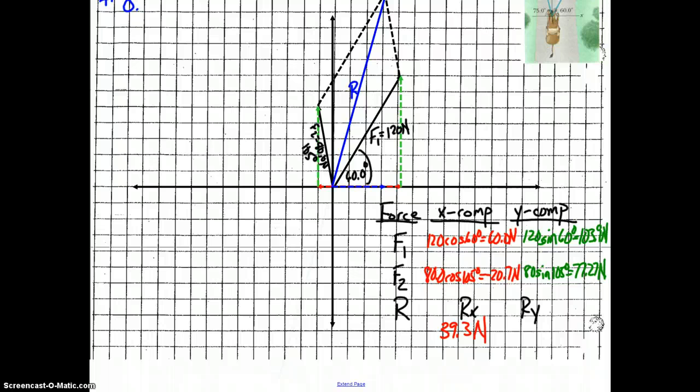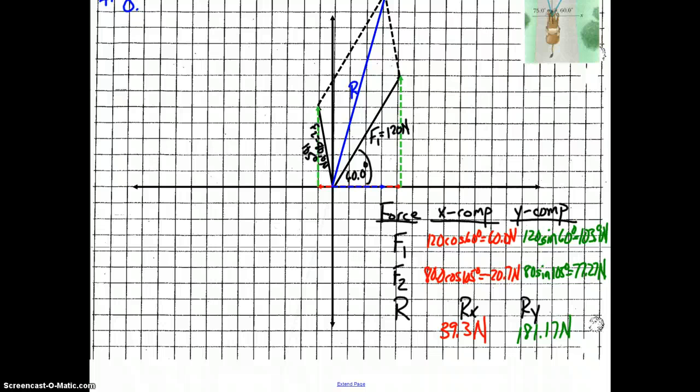And then for Ry, we've got 103.9 newtons plus 77.27 newtons for a total of 181.17 newtons.